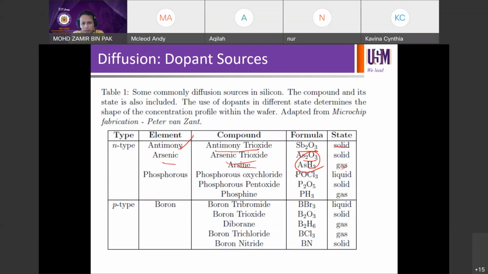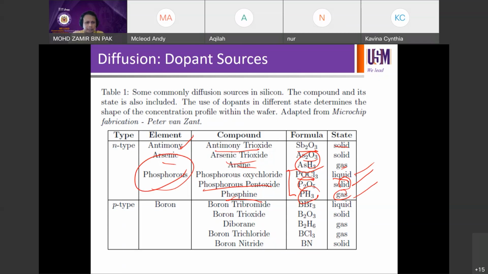Phosphorus can be in oxychloride form, POCl3, which we discussed last time, in liquid form where you can bubble the POCl3. Or phosphorus pentoxide, P2O5, in solid form, or phosphine, PH3. So if you want to incorporate phosphorus, the raw material can be liquid POCl3, solid P2O5, or gas phosphine. You can take one of these forms to incorporate phosphorus into the silicon, so it's kind of flexible in that sense.